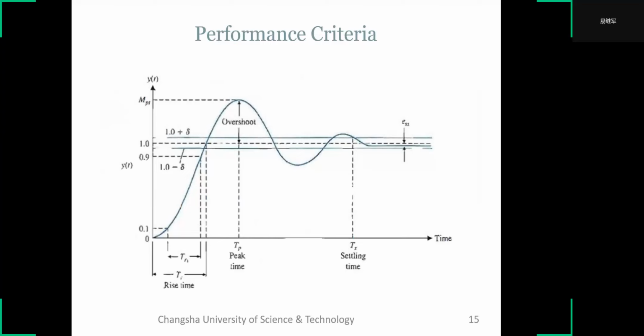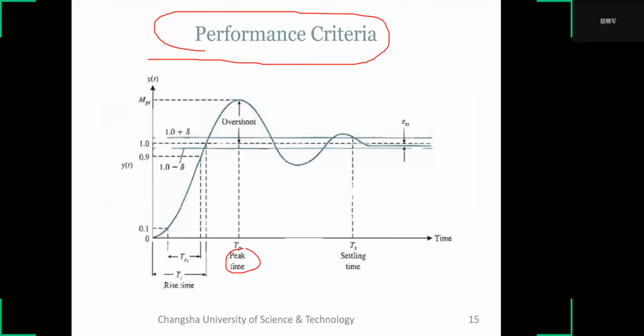From the response curves, we know the performance criteria. Here is the peak time. Here is the settling time. The peak time is the time of the peak.